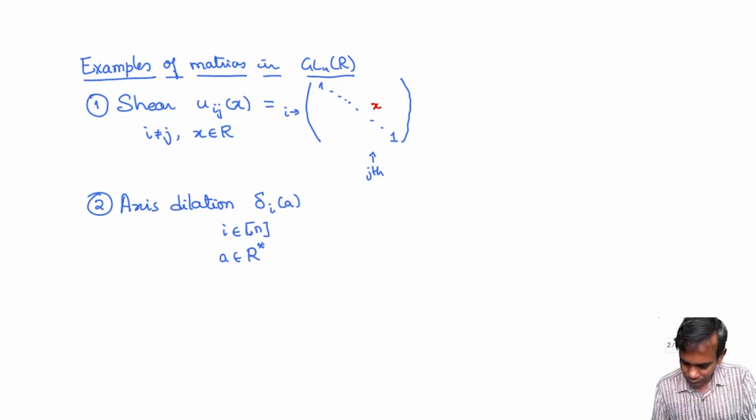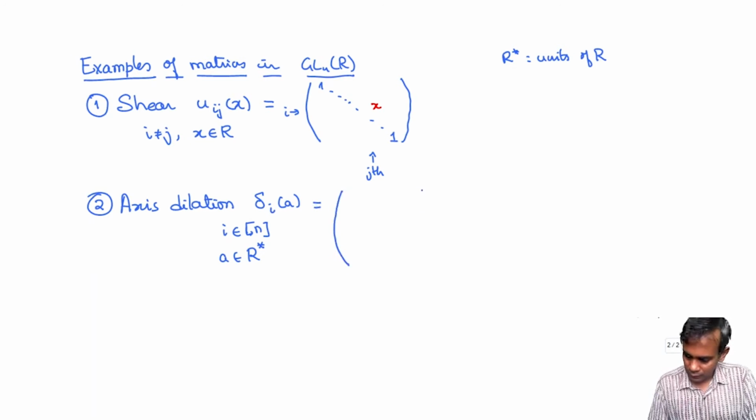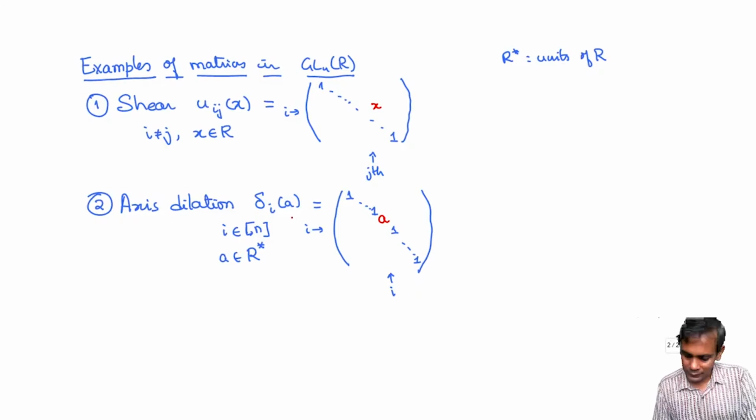So I'll write R star to denote units of R. This is the matrix with ones along the diagonal, except in the ith row and ith column, the ith diagonal entry, and there you would put this a. We needed a to be a unit because otherwise the determinant of this is a, and that would not be a unit, and this would not be an element of GL_n(R).